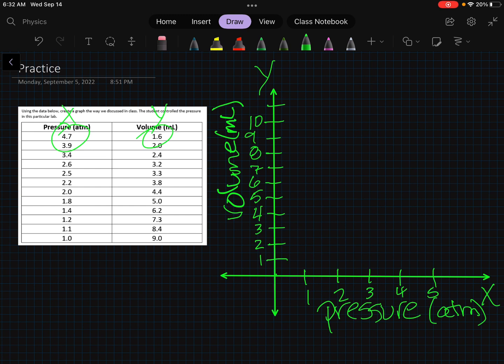So 4.7 would be around here, maybe. And then 1.6 would be up to about here. They don't have to be perfect, just around, just do the best you can. I think I did it a little too high, actually.